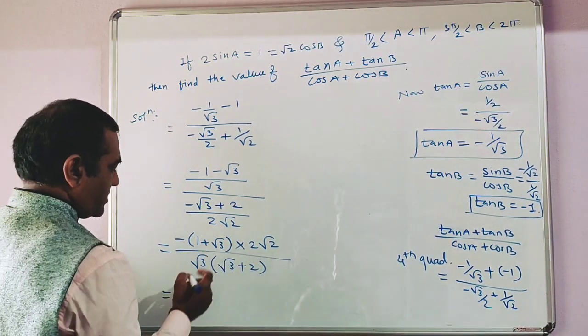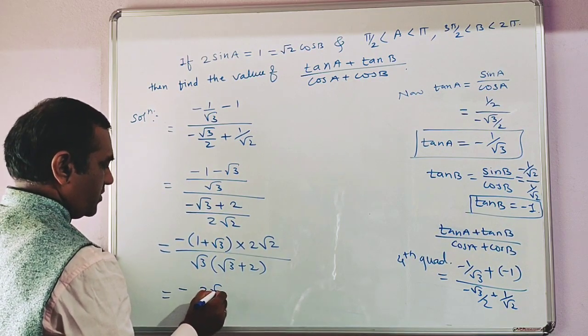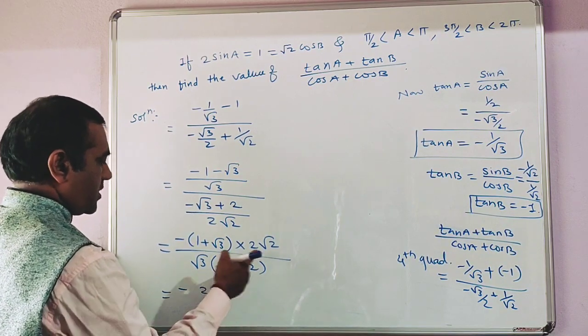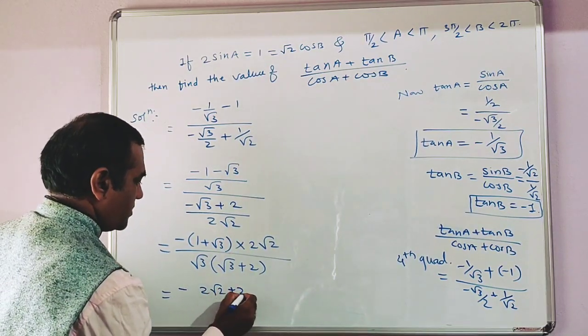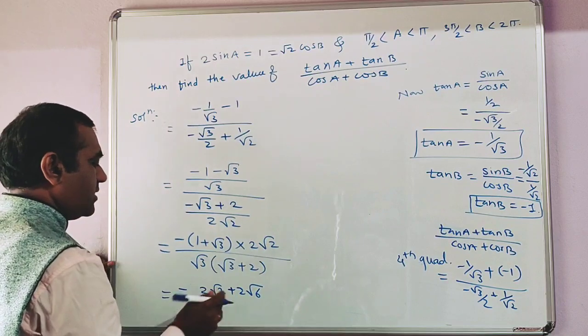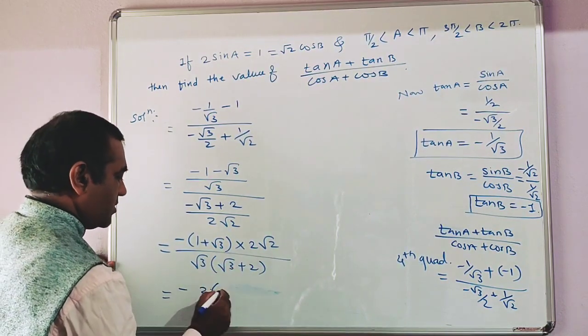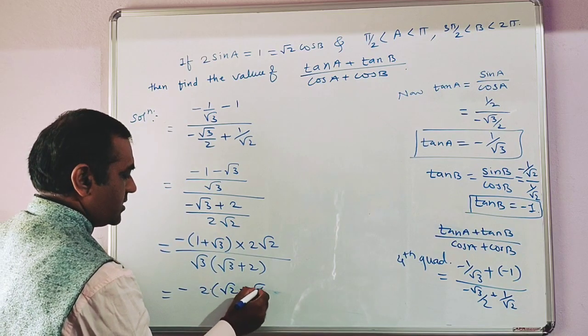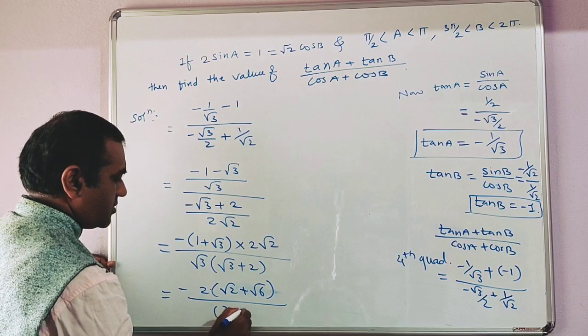Therefore the answer will be minus 2 root 2 plus 2 root 6. Otherwise you can give this root 2 here: root 2 plus root 6 upon 3 plus 2 root 3.